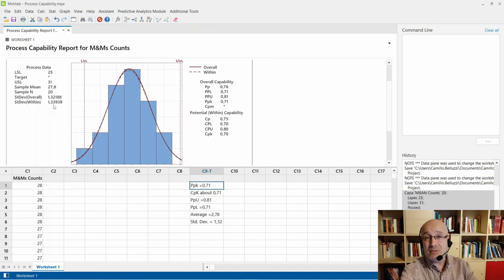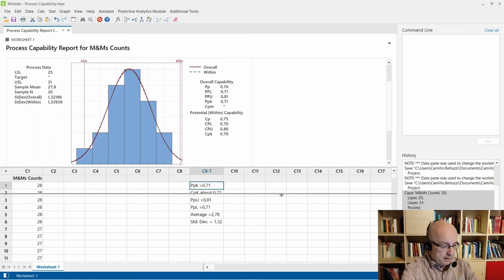That's the reason why Cpk and Ppk are not exactly equal, but there is a slight difference. Okay? Well, now we have only to see where the 2.5% scrap rate comes from.